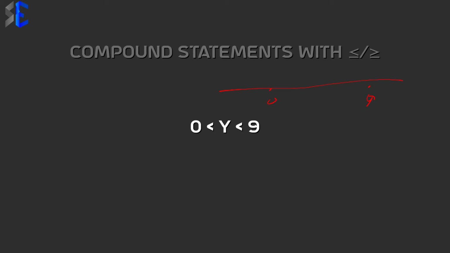You know that y is going to be bigger than 0, so it's going to fill up some of this space, and y is also less than 9, so that means that you have a closed gap right here. So now you know that y is going to be between this range, so all you do is 0 is less than y, and y is less than 9. And if you look at the number line, these two are saying the same thing.